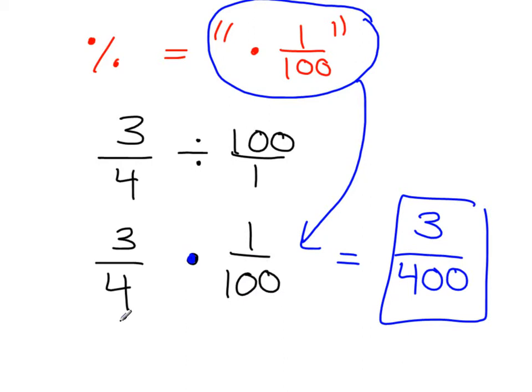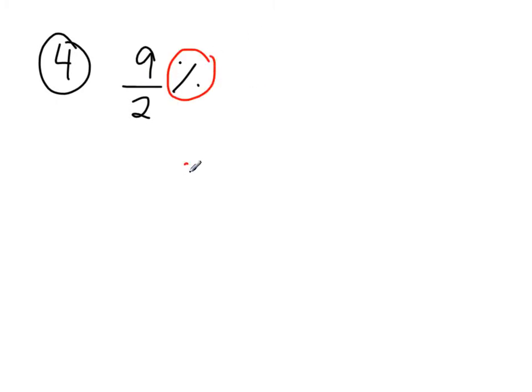Let's see another one of those because they're kind of scary. So, I think I was on number 4. We have 9/2%. And what we're going to do from now on is think of this percent symbol as meaning times 1/100.